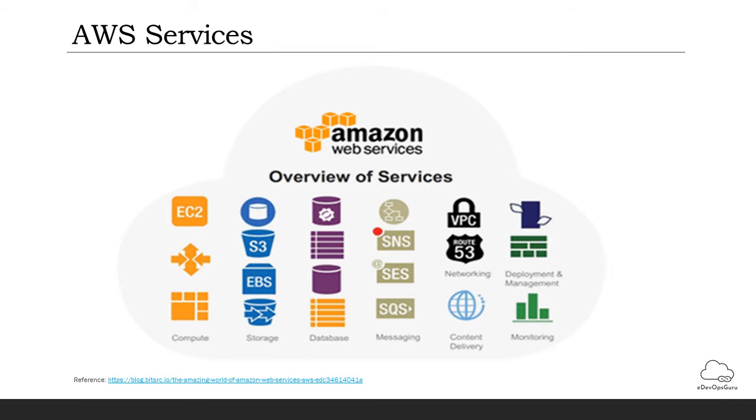So if we try to understand, it is a virtual machine which you can configure. You can ask for number of cores, RAM, and type of storage, and all the configuration can be simply done using the AWS console or web interface.